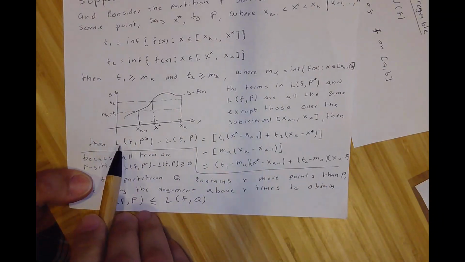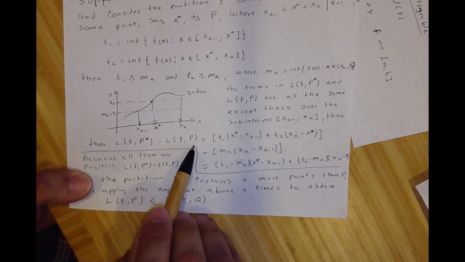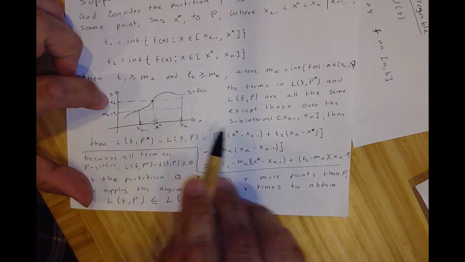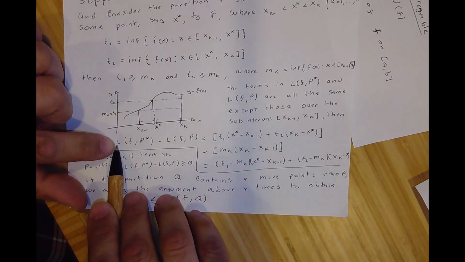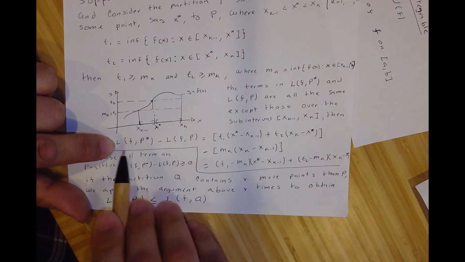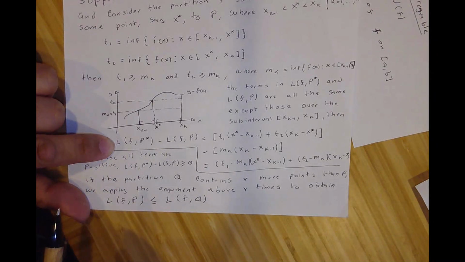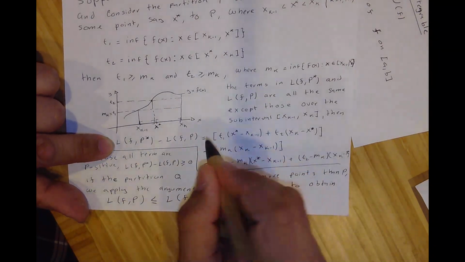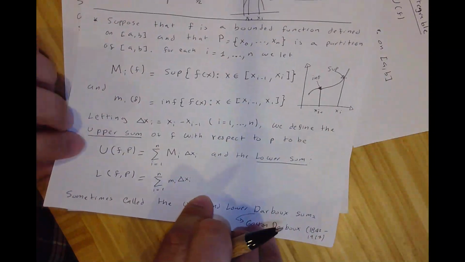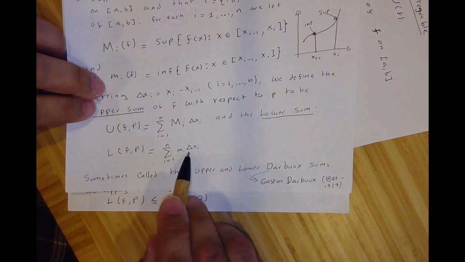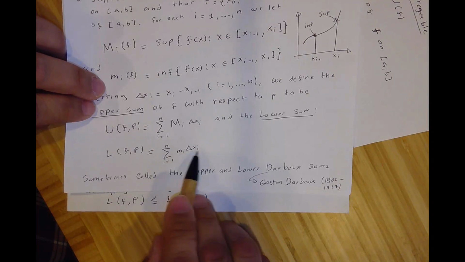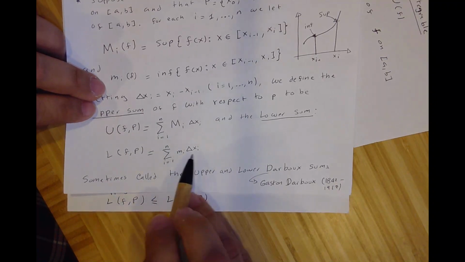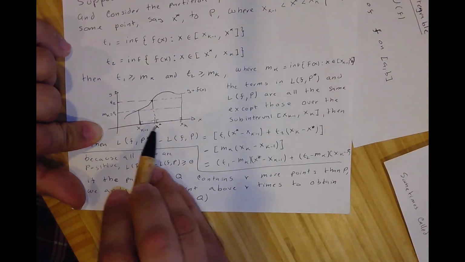So whenever we do this subtraction, every other term will be cancelled except for this one. For example, what is the lower sum of P star? It will be the summation over all these subintervals of the infimum multiplied by the length of the interval. Because we have in this case two, we are basically going to add two terms, this one first and then this one.